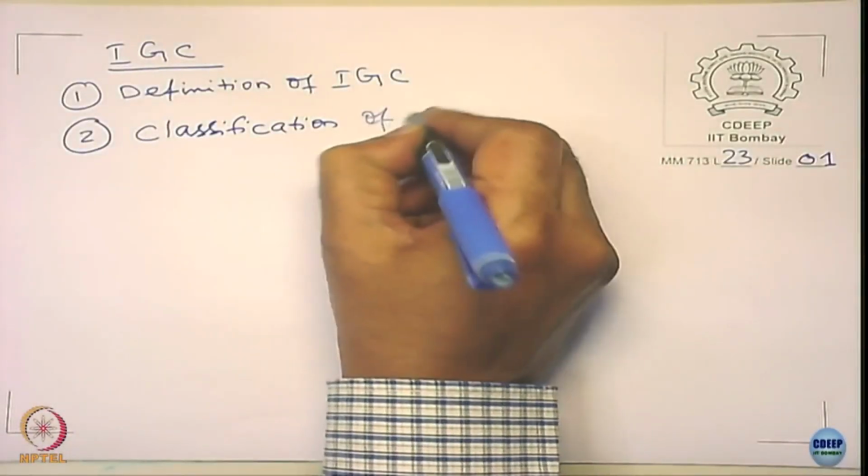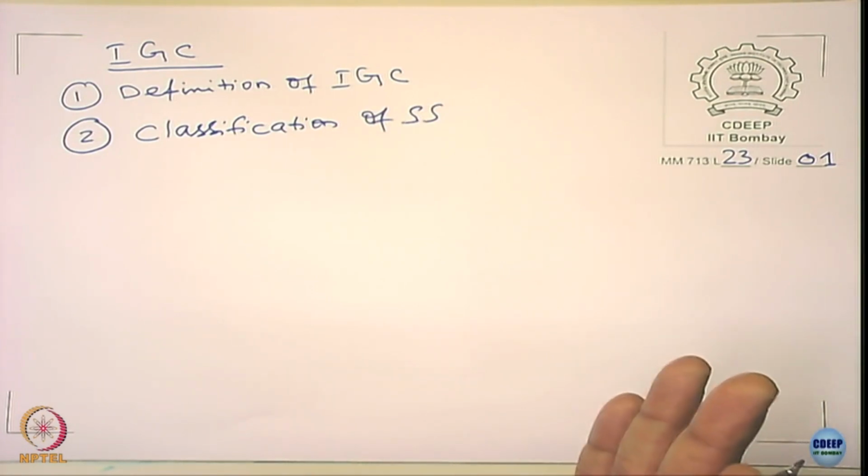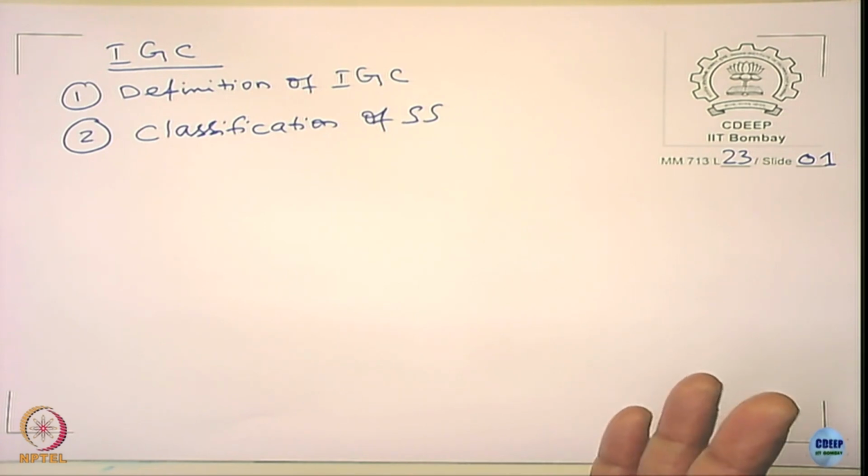So, in order to understand the intergranular corrosion of stainless steels, I gave a very brief introduction to classification of stainless steels and the role of various alloying elements, how they affect the corrosion performance, right, we saw that.